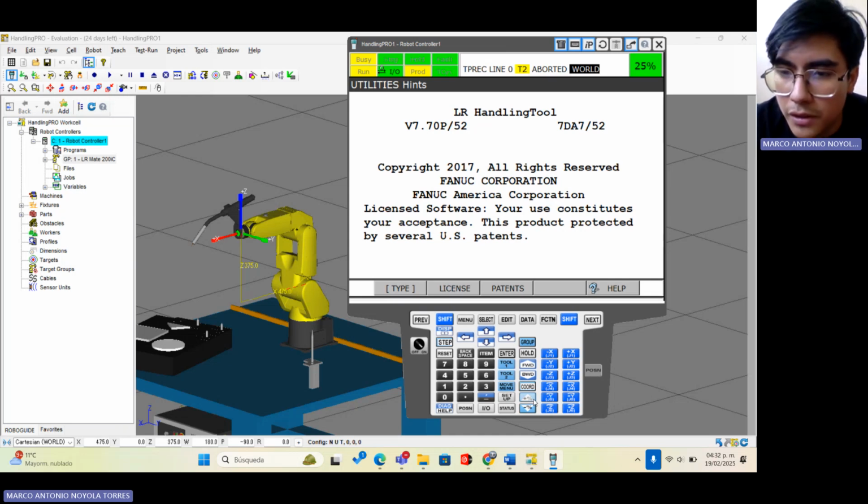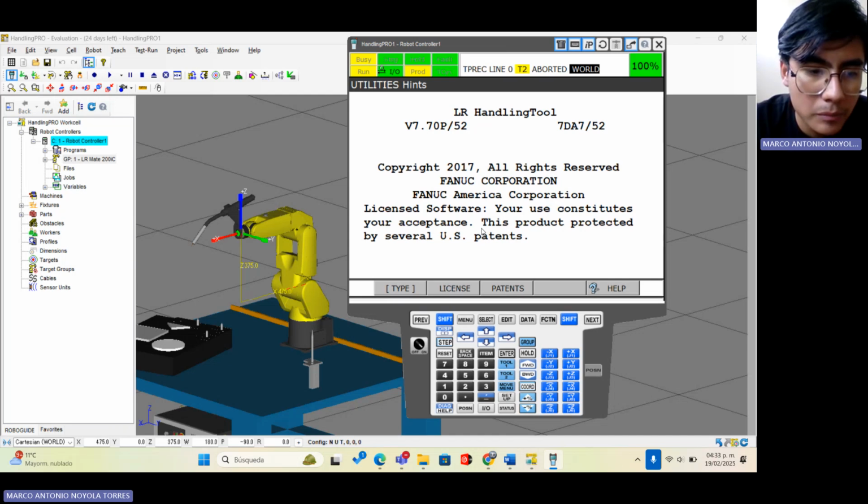If we press only the page up key, the velocity increases 5%. But if you press the shift key, the velocity increases in a different way: 5, 50, and 100%.